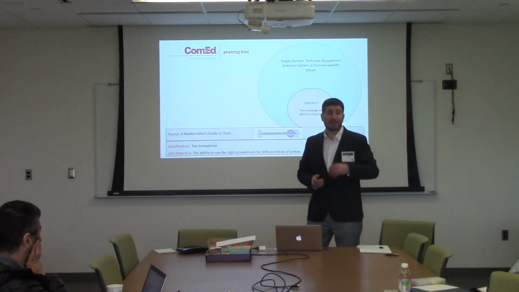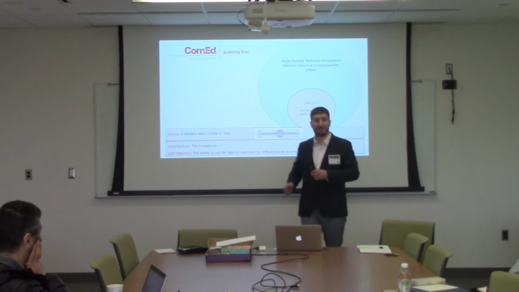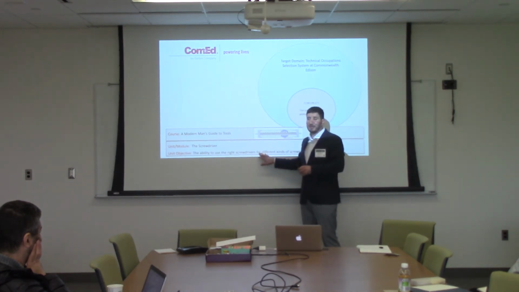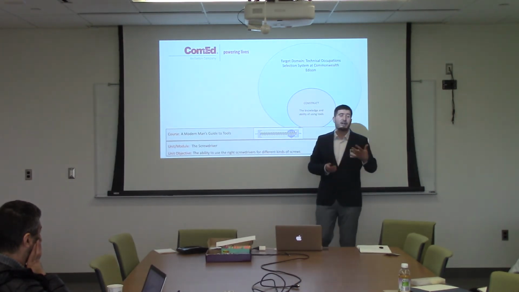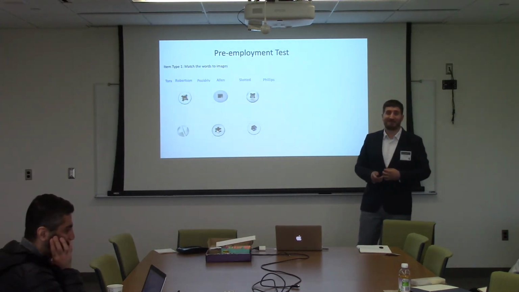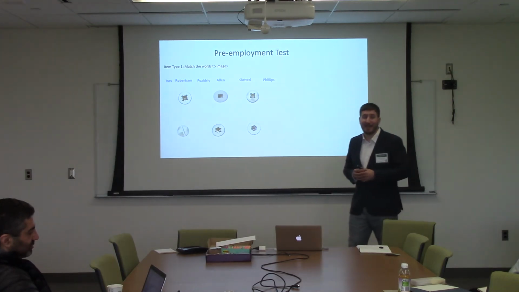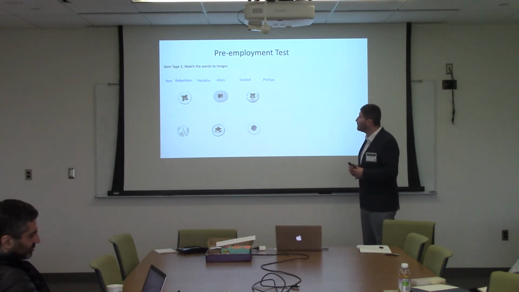Now, I decided to create a test to measure this skill. Follow me carefully, because this is a very concrete example of what I'm trying to say. Option 1: I created a task and I'm saying, match the words to images.